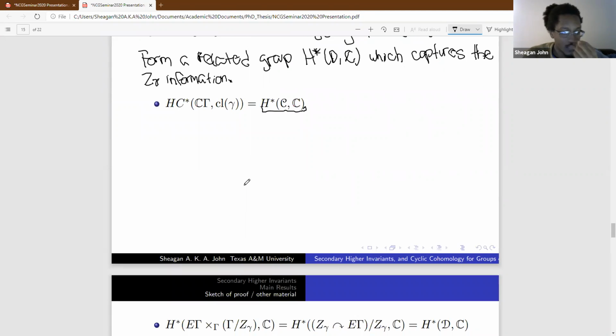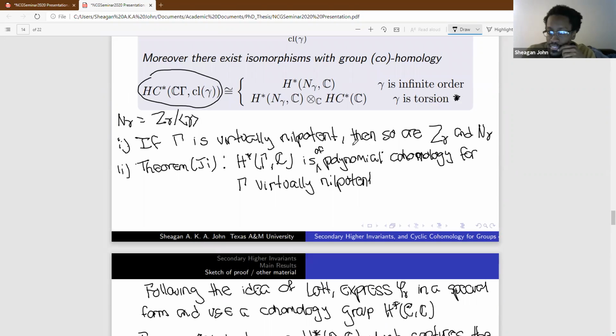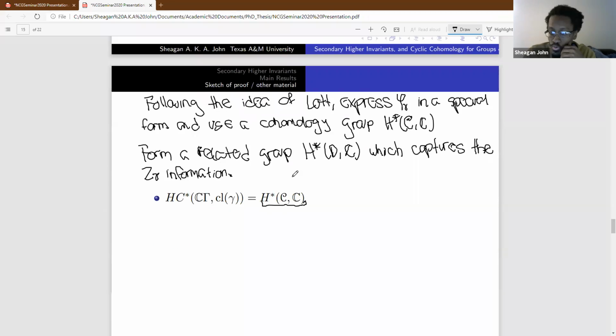Okay, so how do we use this in practice? Well, we know from Ji that if we have virtually nilpotent groups, then we have polynomial cohomology.